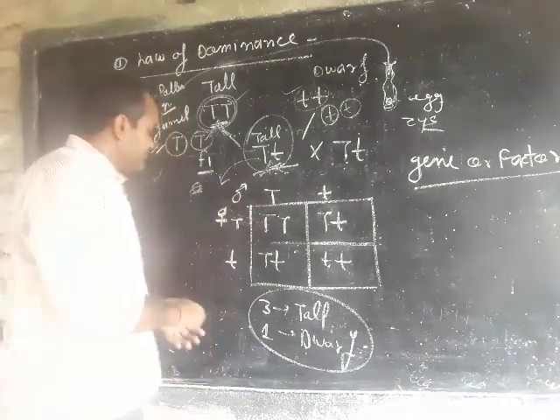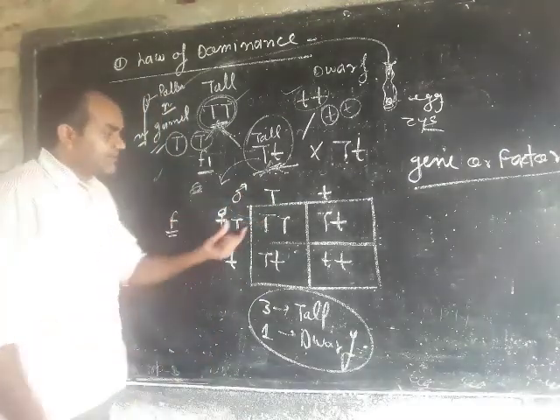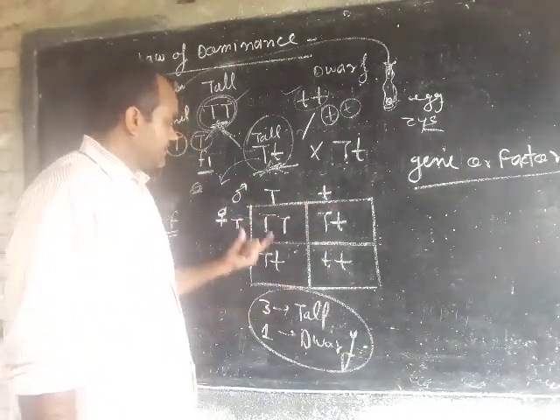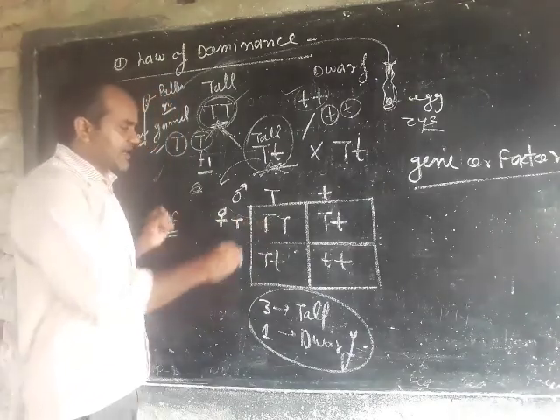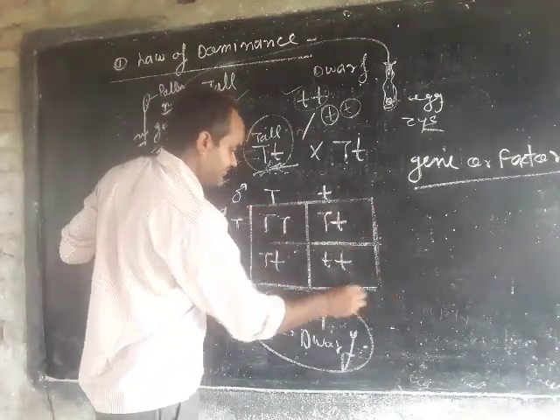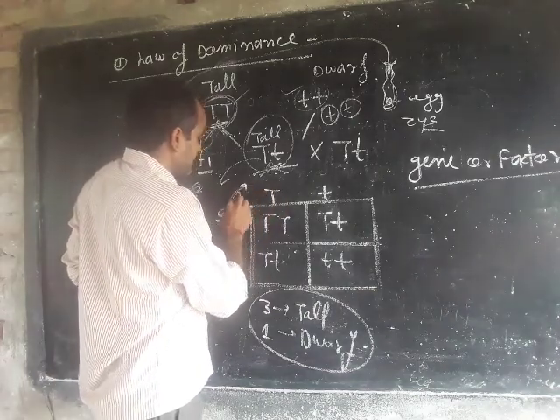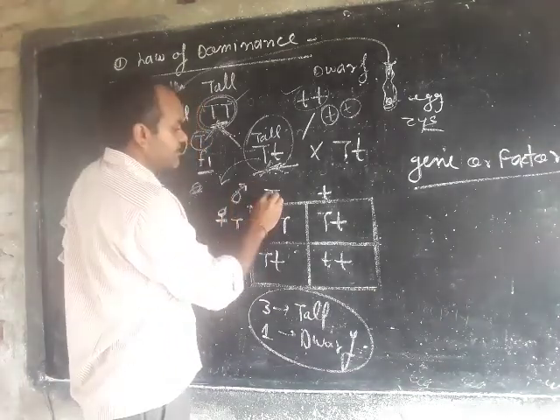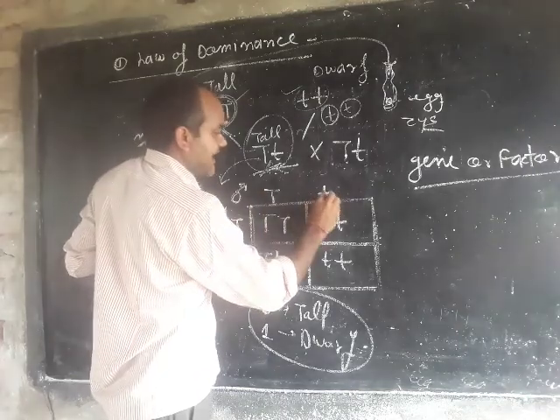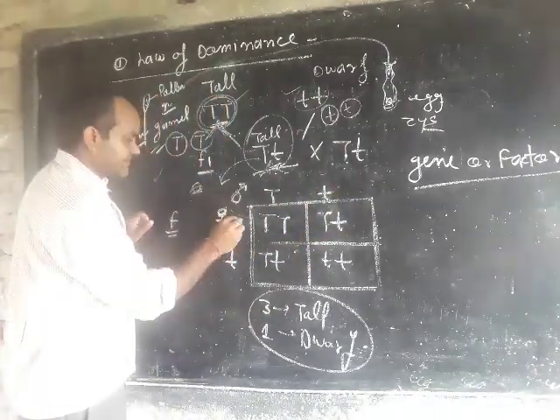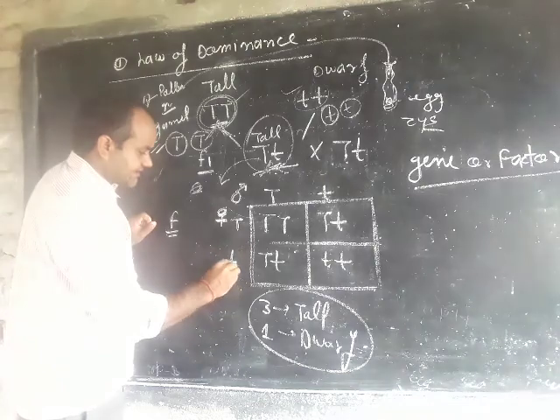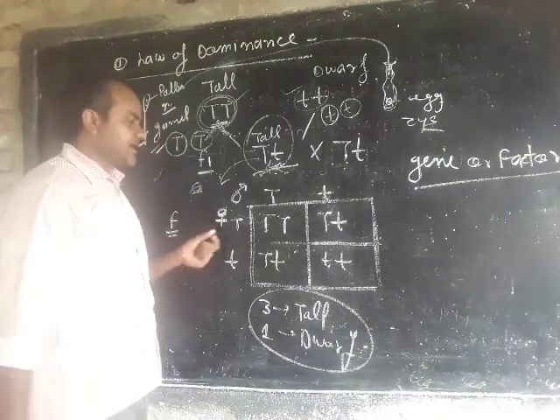In the F2 generation, we use the Punnett square method. In the Punnett square, which is a square, we put the male gametes on the upper side and the female gametes on the side, capital T and small t.